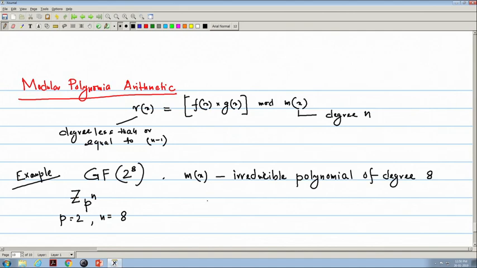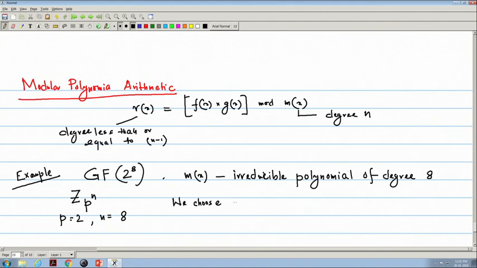First we choose the m x. Now, there are many irreducible polynomials of degree 8. We choose one very popular irreducible polynomial of degree 8, normally used in the standard algorithm of AES in cryptography.